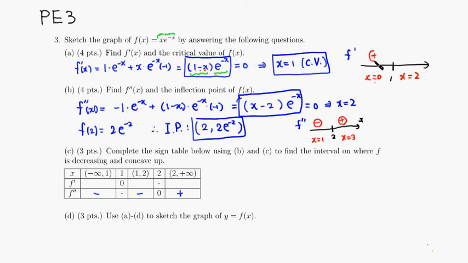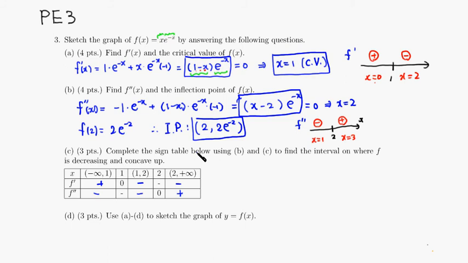If you plug in 2, 1 minus 2 is negative, e to the negative 2 is positive, so the entire thing is negative. So if it's less than 1, it's positive, and if it's greater than 1, it's negative. So negative here and negative there.